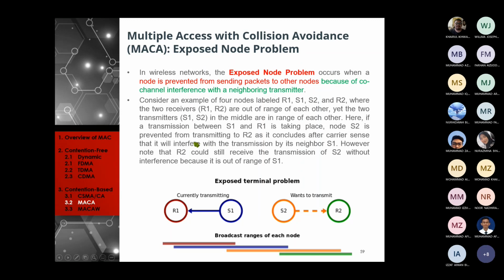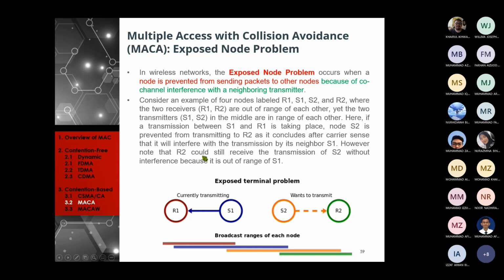Node S2 is prevented from transmitting to R2 as it concludes after carrier sense that it will interfere with the transmission by its neighbor S1.